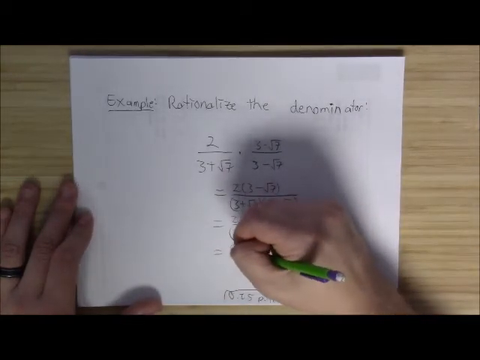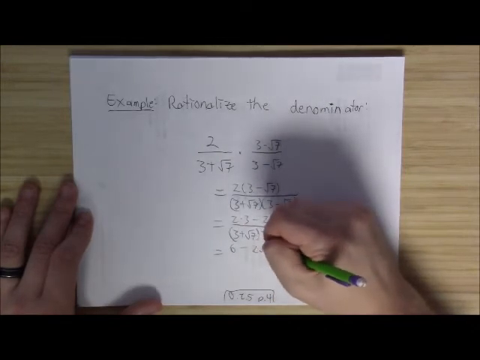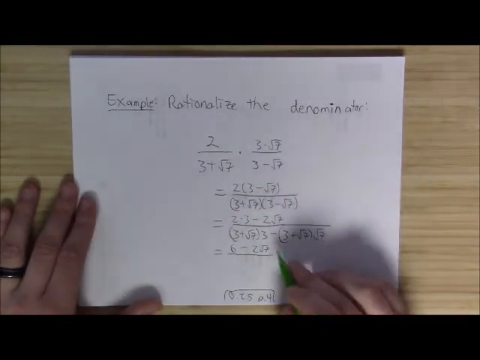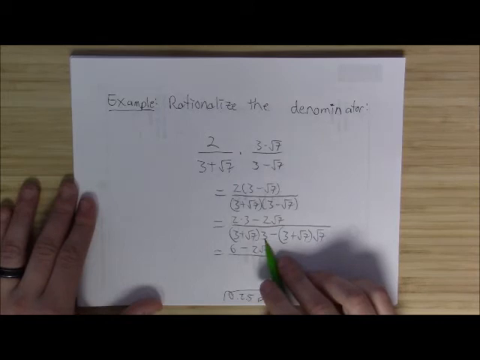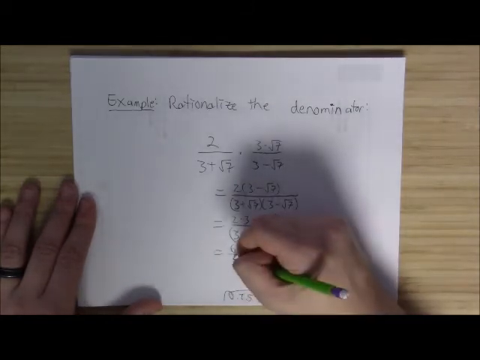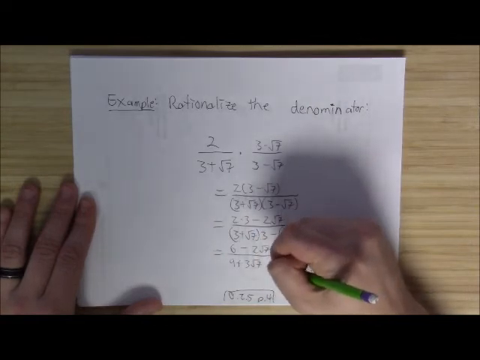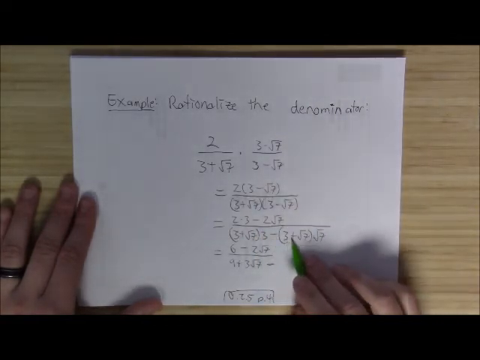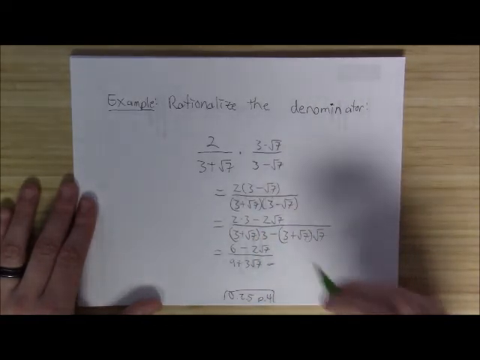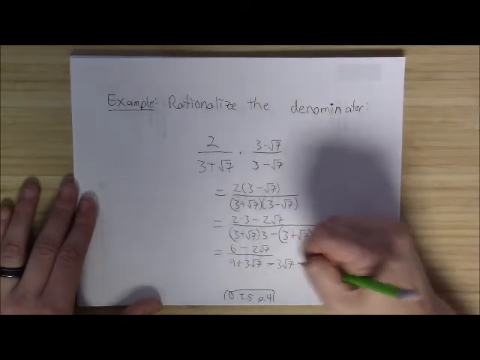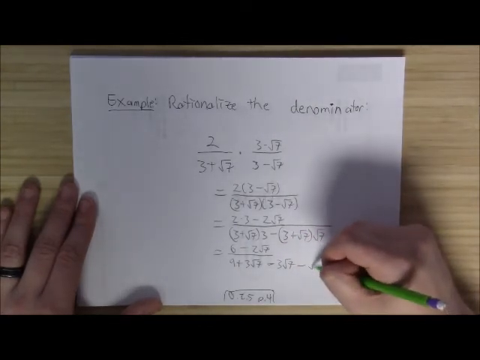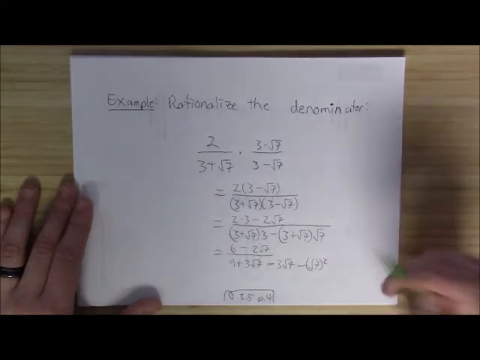So simplifying the top, we get 6 minus 2 root 7, which doesn't seem all that great. In the bottom, we can distribute again. We end up with 9 plus 3 root 7 minus, make sure the minus gets distributed as well, 3 root 7 minus square root of 7 squared.